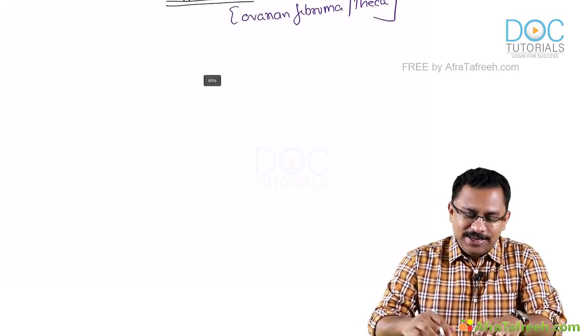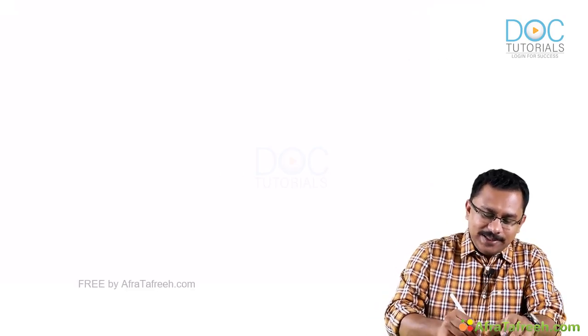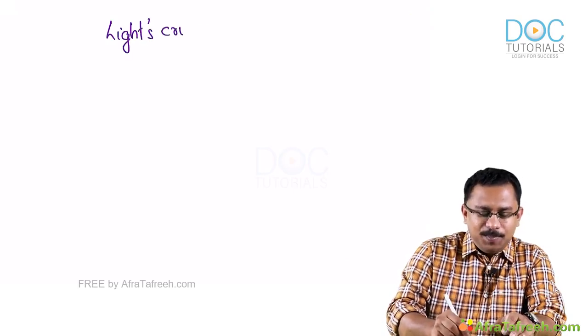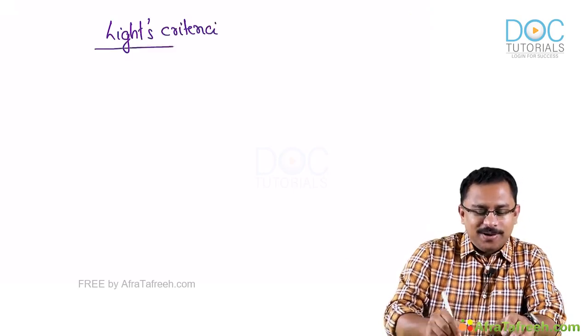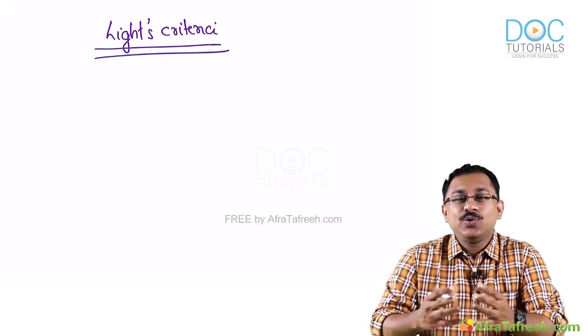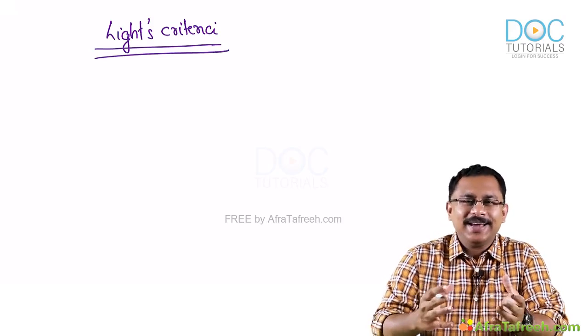So let's see what is meant by Light's criteria, a very important criteria with respect to pleural effusion that helps you differentiate an exudate and a transudate.